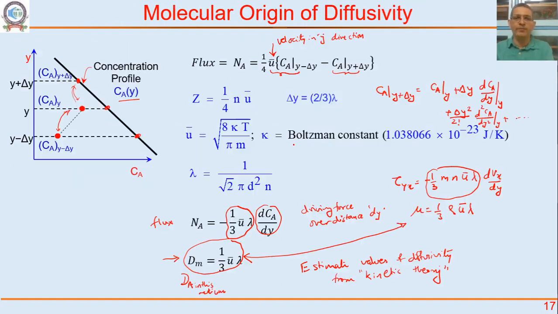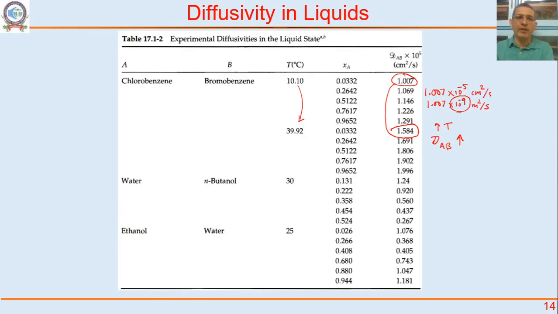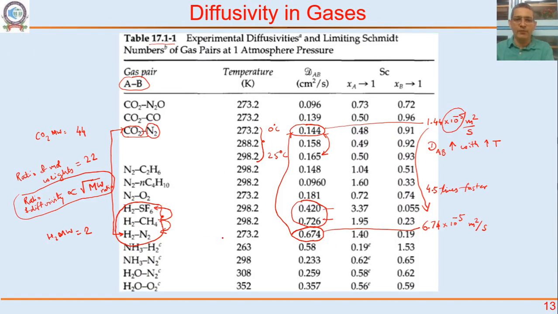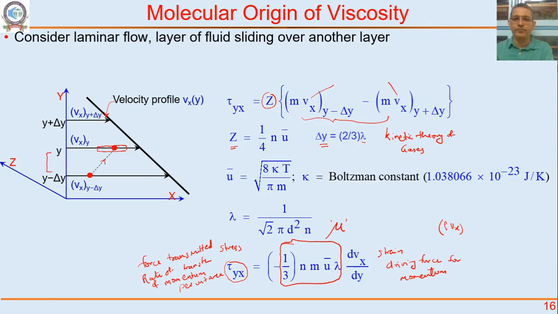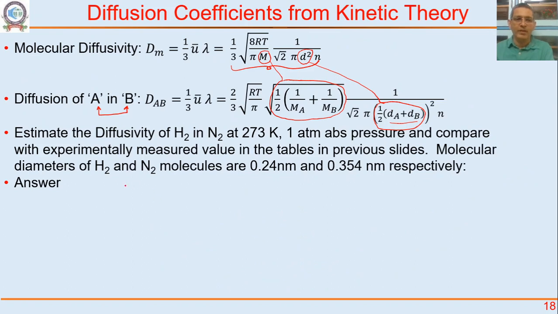These are experimental observations. The hydrogen diffusivity in nitrogen, the experimental value, is 6.74 into 10 raised to minus 5 meter square per second. I would like you to calculate this from this expression.